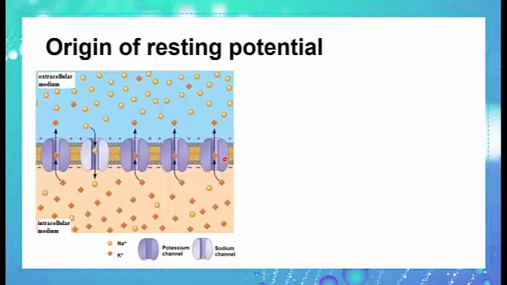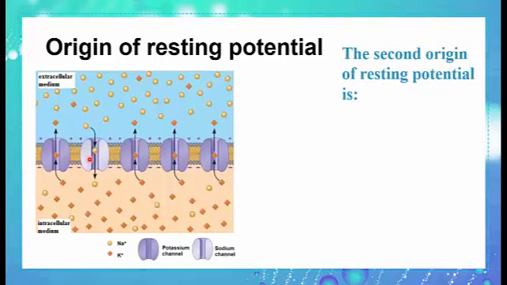We have 4 channels for potassium while only 1 channel for sodium. So the potassium ions can diffuse, can move more than sodium ions because the number of channels for potassium is greater than that of sodium.